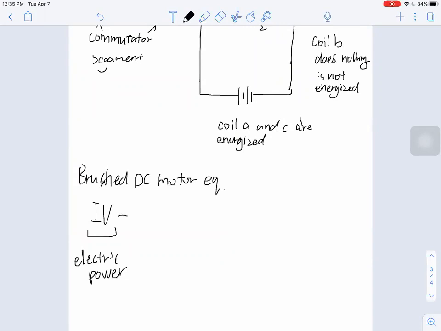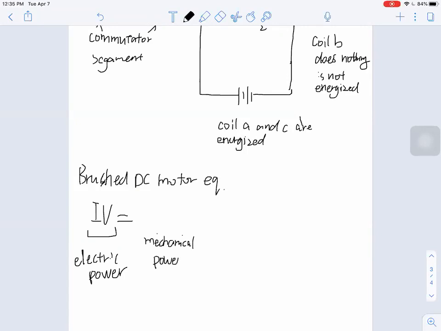And that power is equal to, we know you put power into a motor and you see rotation. That's mechanical power, in the form of rotation of a shaft. How would you express the power from a rotation motion?